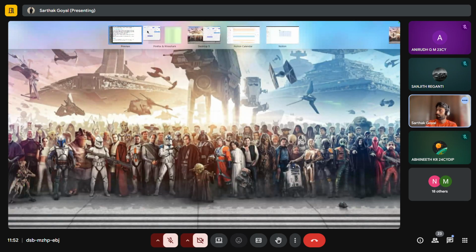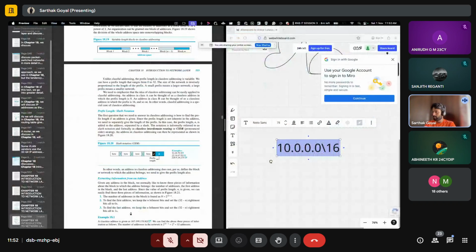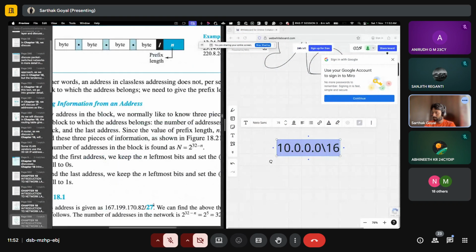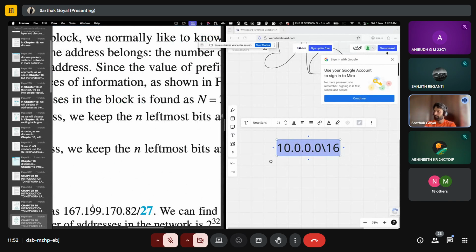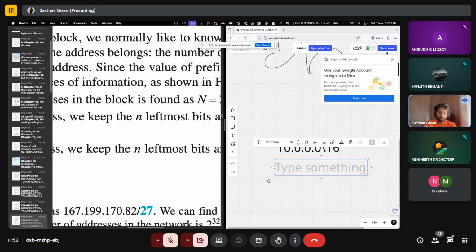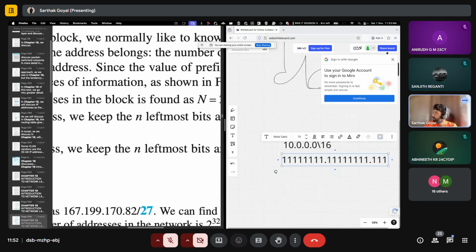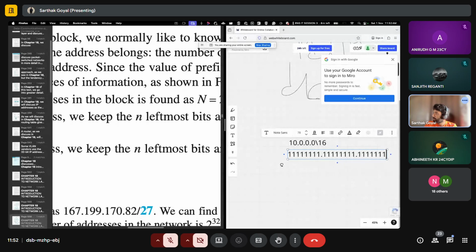So we know from this particular IP address that /27 indicates that in an IPv4 address, the first 27 bits are 1s. So this becomes 1, 2, 3, 4, 5, 6, 7, 8.